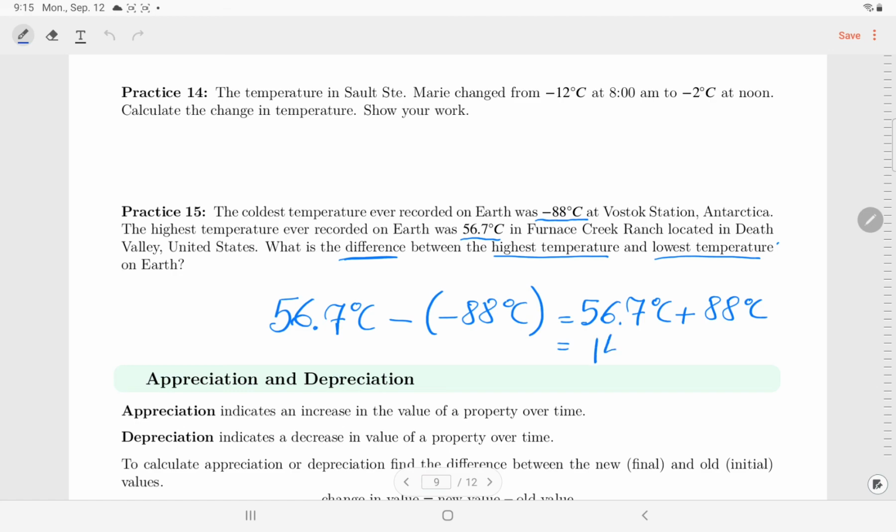And that is 144.7 degrees Celsius. So the hottest place is 144.7 degrees Celsius hotter than the coldest place. We could also say that the coldest place is 144.7 degrees colder than the hottest place on Earth.